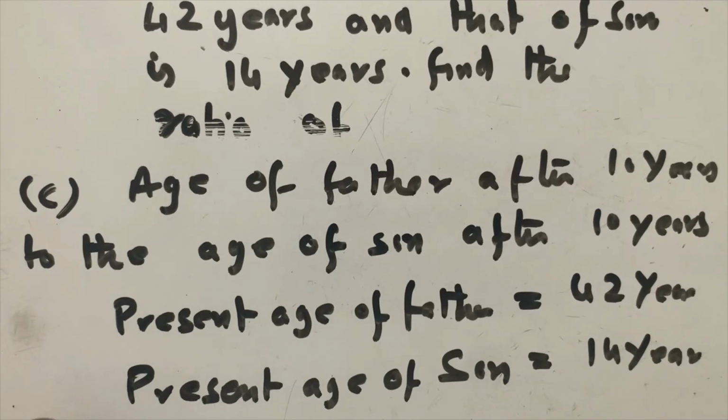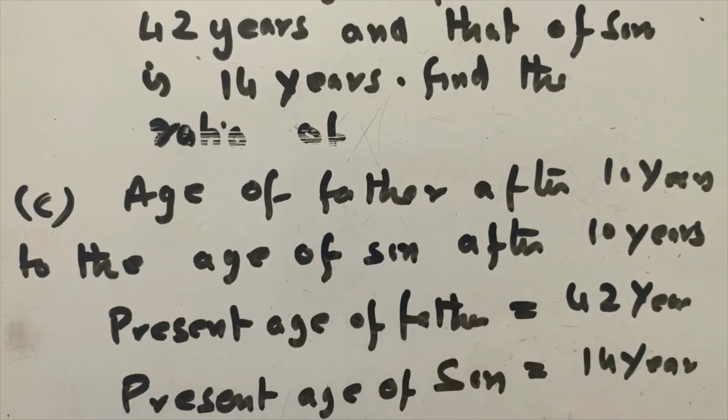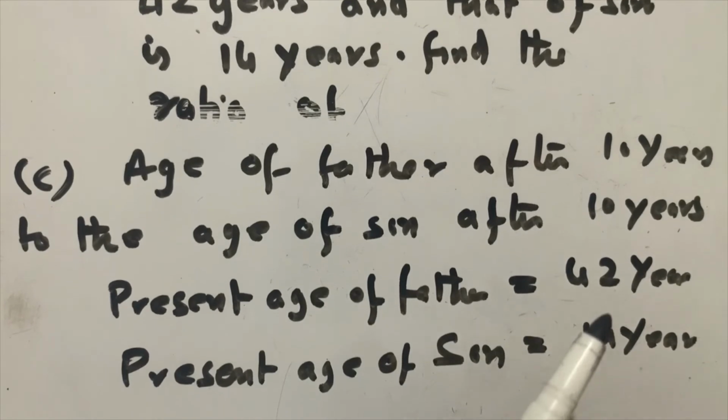Now we have to find the ratio, the age of father after 10 years to the age of son after 10 years.